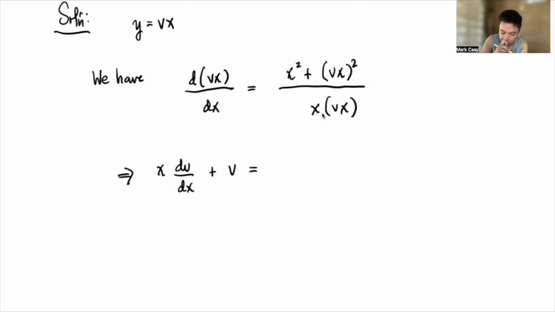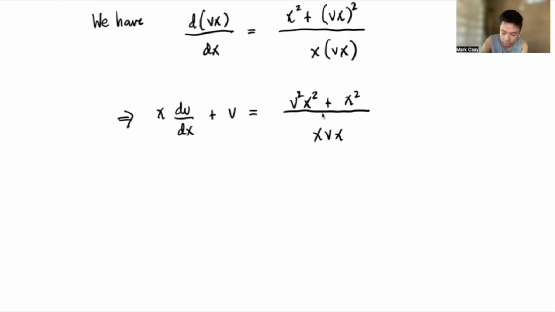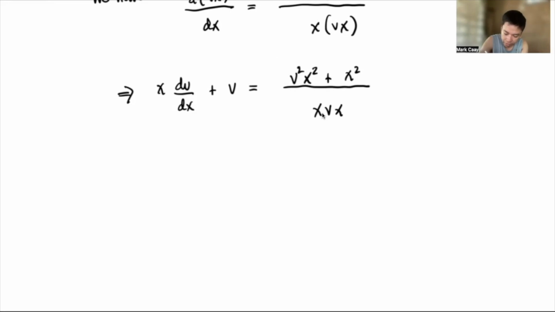And then dito, magkakaroon tayo ng v squared x squared plus x squared all over x vx. Hindi ko muna sila i-combine. And then, okay, pwede na palang i-combine. Sige, ang mangyayari dito sa right side, this becomes v squared plus 1 na lang over v. And so that's the same as v plus 1 over v.